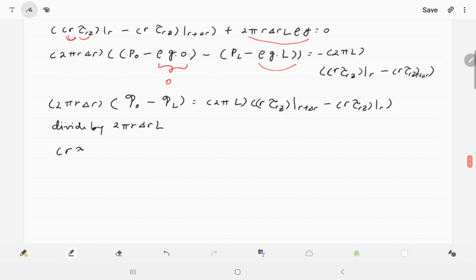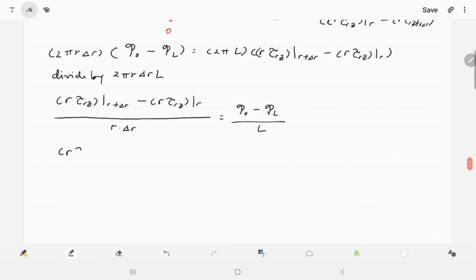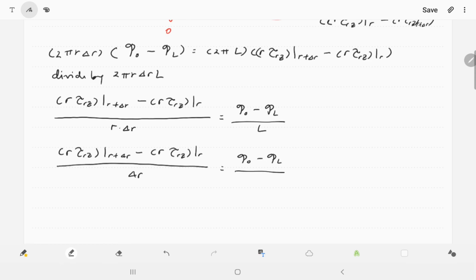Then we will have r tau rz at r plus delta r minus r tau rz at r, divided by r delta r, is equal to p naught minus pl divided by l. Continuing again, r tau rz at r plus delta r minus r tau rz at r, divided by delta r, is equal to p naught minus pl over l.